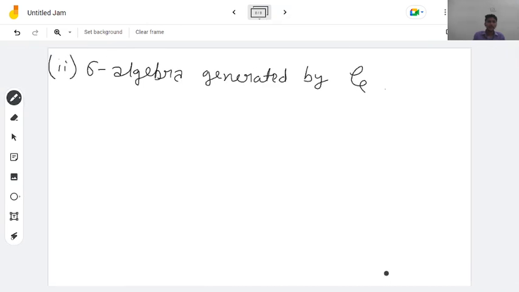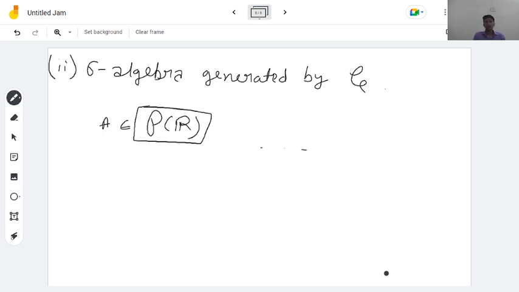But here, if we take any set that belongs to the power set of real numbers, we cannot write it in the form of singleton sets. Therefore, in the sigma algebra generated by C, the power set of R will not be there.